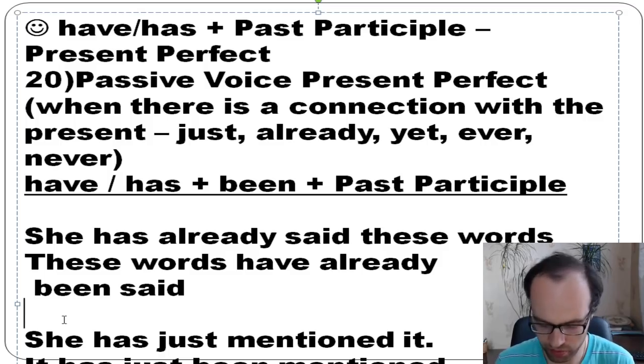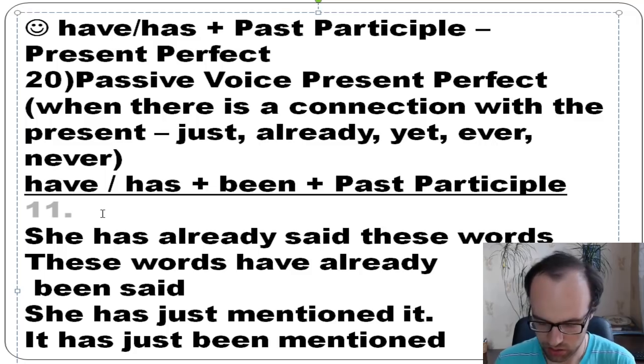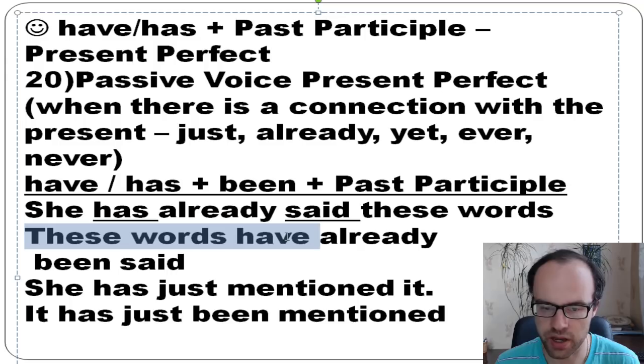So what do you see? She has already said these words. Yeah, has and said plus past participle. We put already in the middle. And if you want to say it in passive, you will do the following. These words, it means they have, so they have.